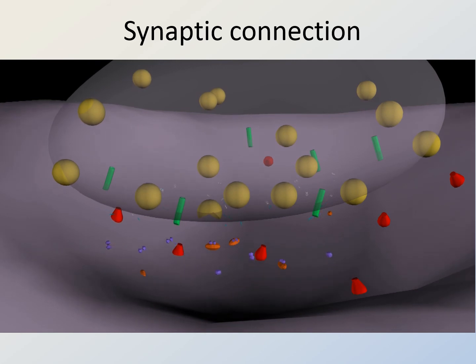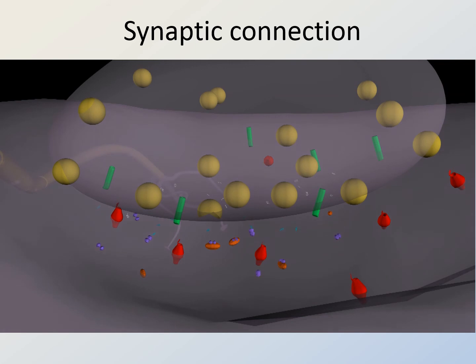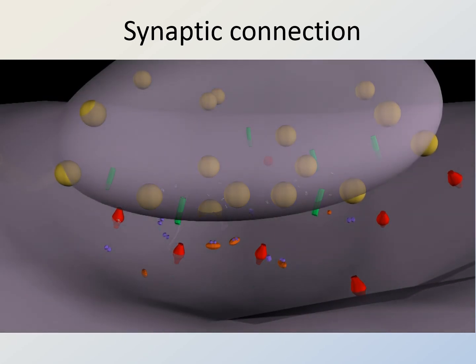The result of this binding is the opening of sodium channels, thus permitting the elevation of intracellular sodium and, as a consequence, a change in polarity of the postsynaptic membrane.